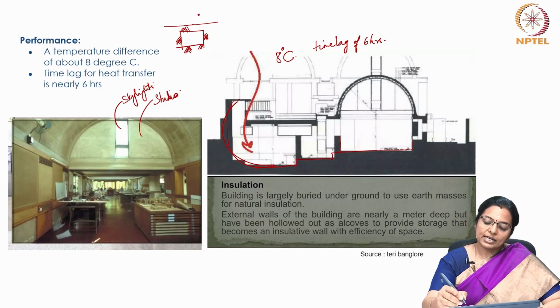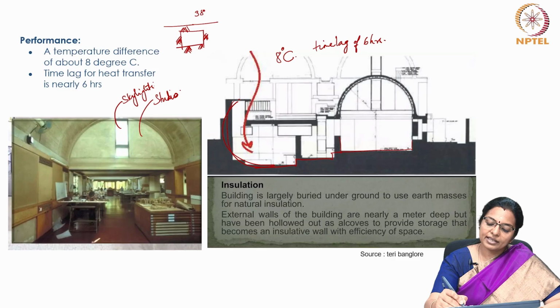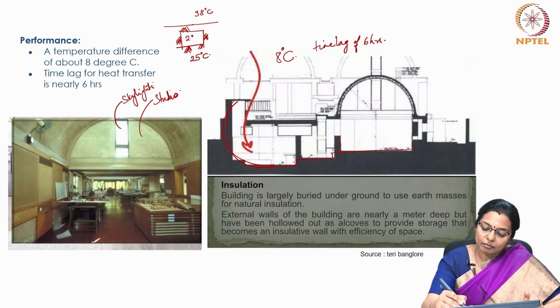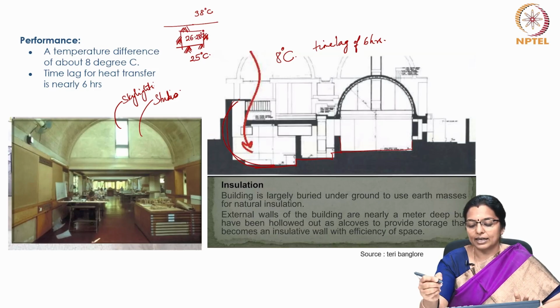If the outside temperature is, say, 38 degrees centigrade and the annual average temperature of the place is 25 degrees centigrade, one can be rest assured that the building is not more than 26 to 28 degrees centigrade.